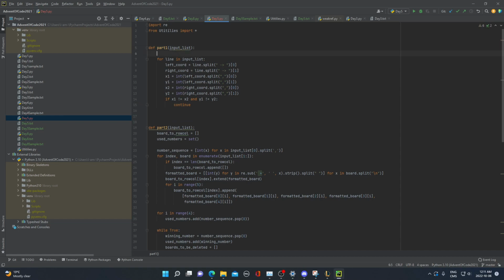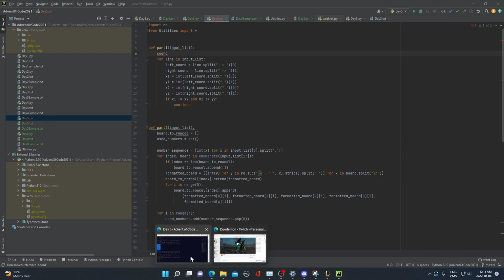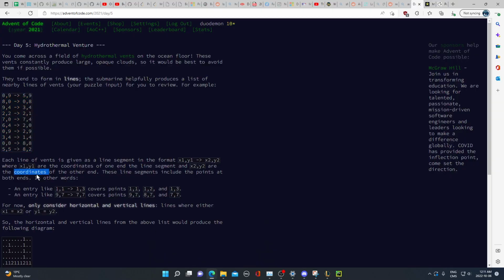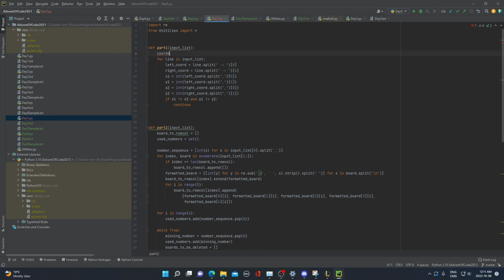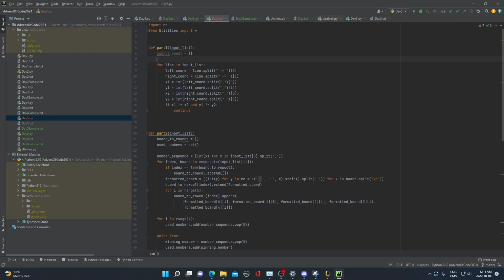we're going to have a dictionary, which is called, what do they call it? Is it coordinates? It is coordinates. Okay, chords count. We have a dictionary.